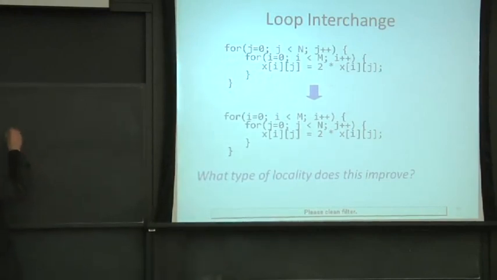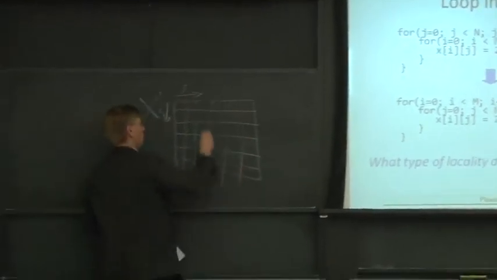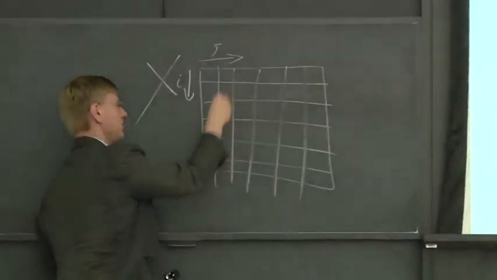So if we look at what's happening, this is a 2D array, x. i goes that way, and j goes that way. Now we're walking through this array by i. So we're going to walk down in that pattern.